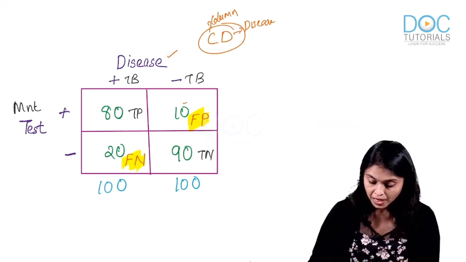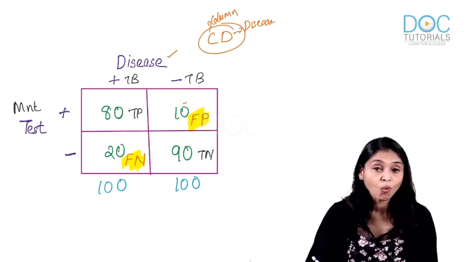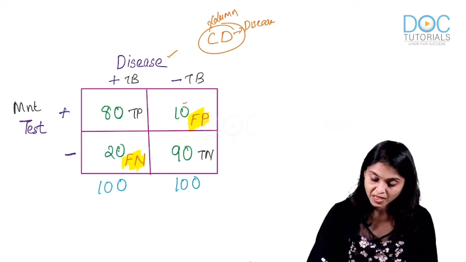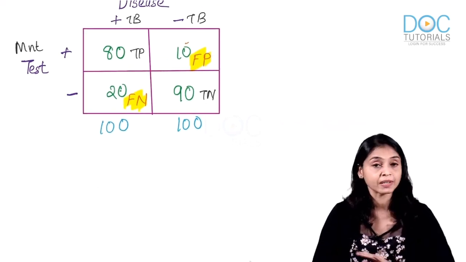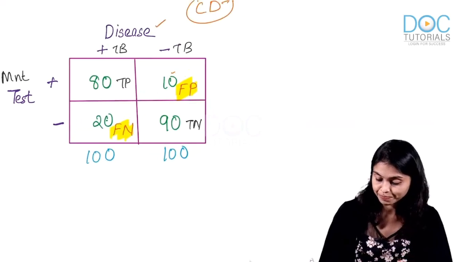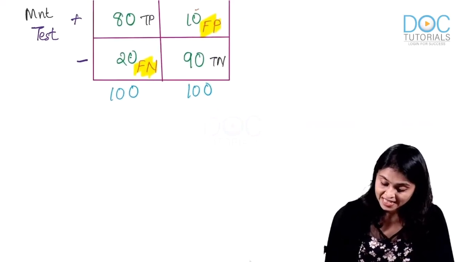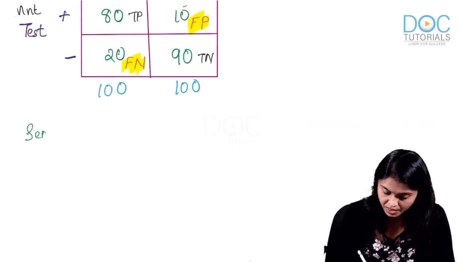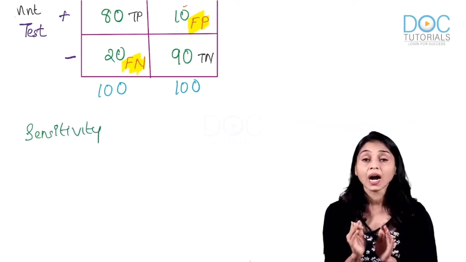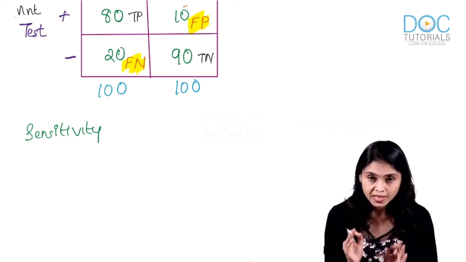Okay, so this question you can expect, and for that this concept is very, very important. Now I'll tell you what is sensitivity, specificity, positive predictive value and negative predictive value. Very simple. Let's start with the first one, sensitivity. What is sensitivity? Very, very important. I don't want you to mug up. Just listen.